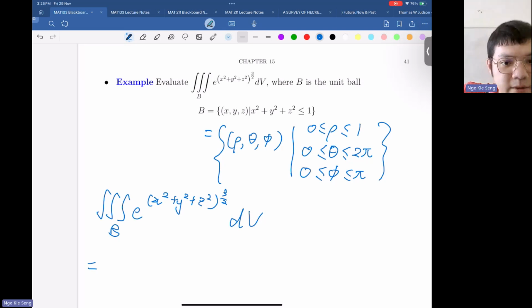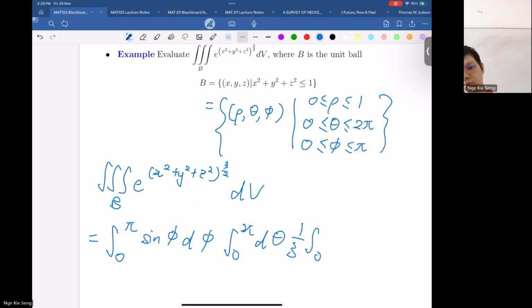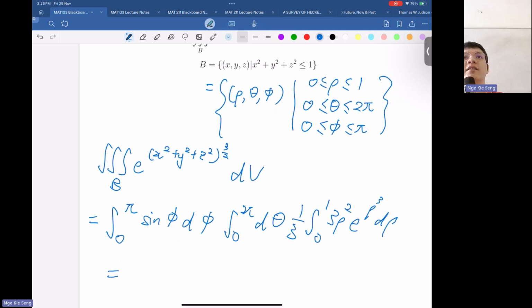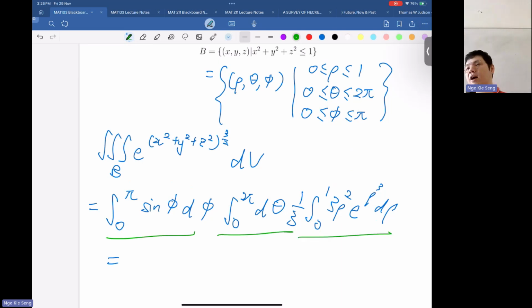Or what's the intermediate step? Okay, in this case, really, you can split them up because they are just a product of functions in different variables, so you can split them up. 我只是把那个 variable 替换一下，and then 有一个 extra rho squared sin phi. So I split into three integrals because they are a product of functions in different variables, so we can compute in one go.